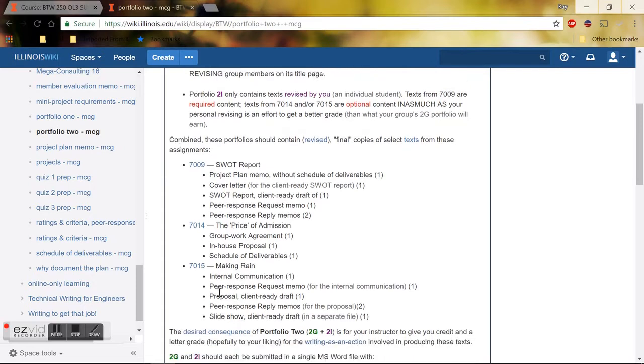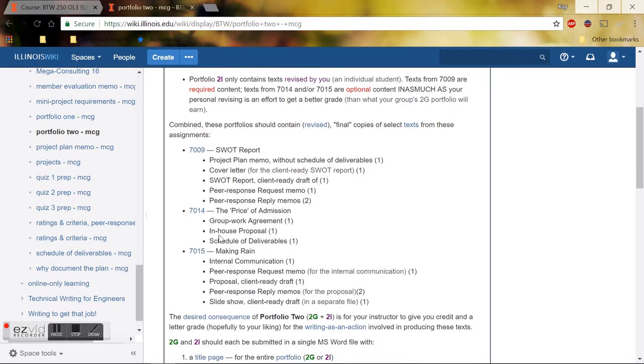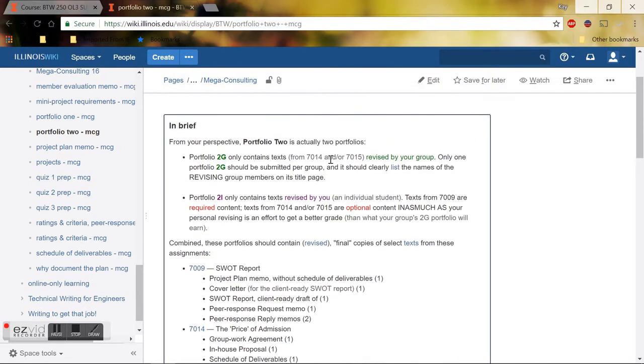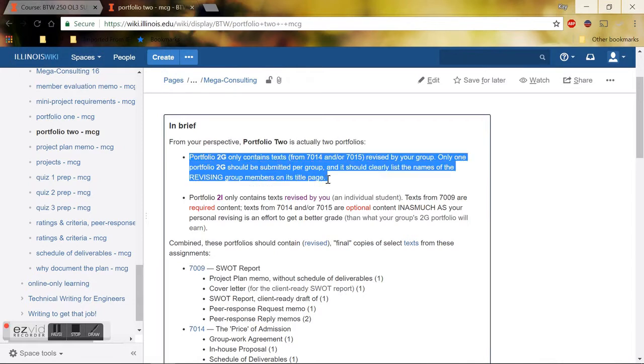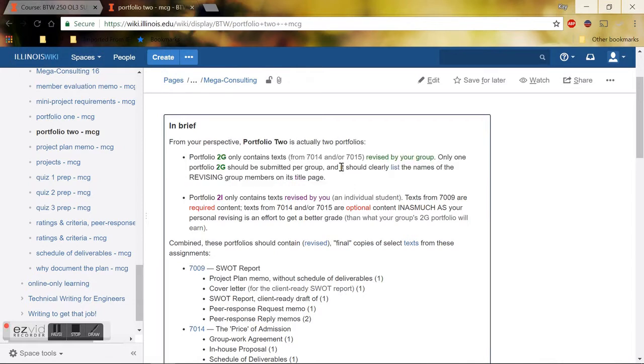Now, notice that the wording of this here is very specific. The title page should clearly list the names of the revising group members. That means maybe you've got someone in your group who was helping throughout first submission but disappeared completely during revision.